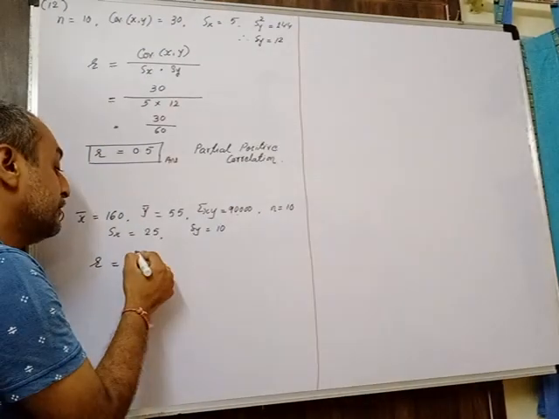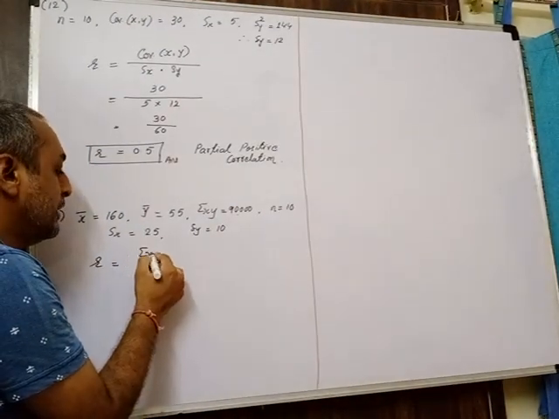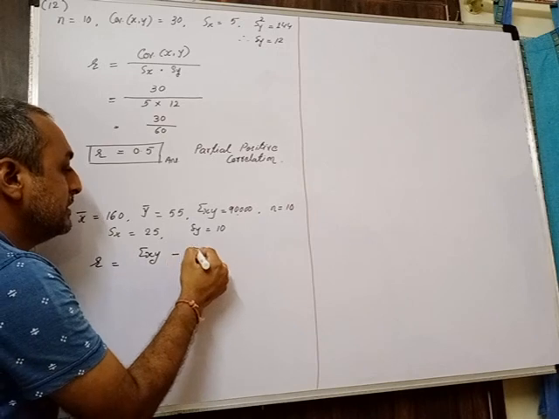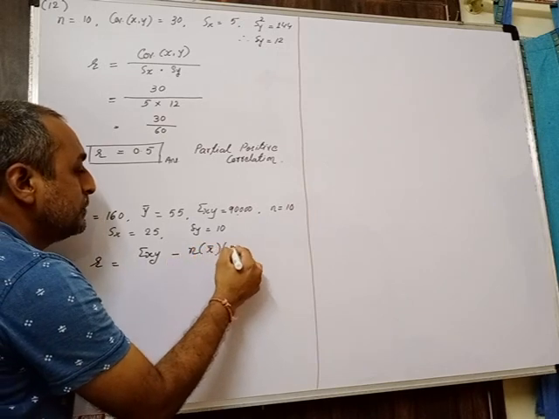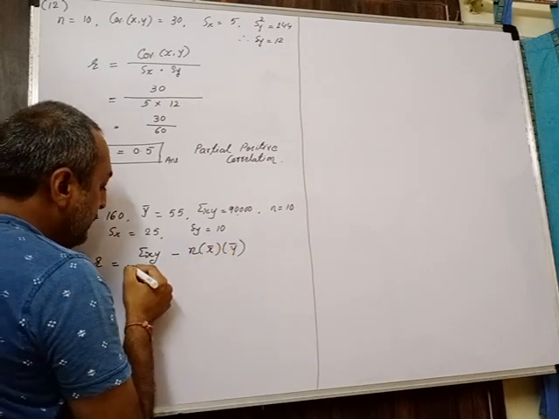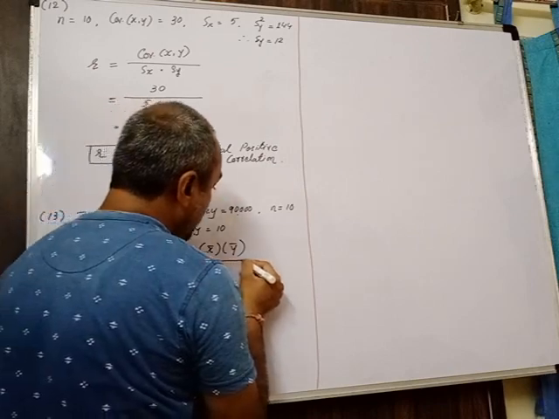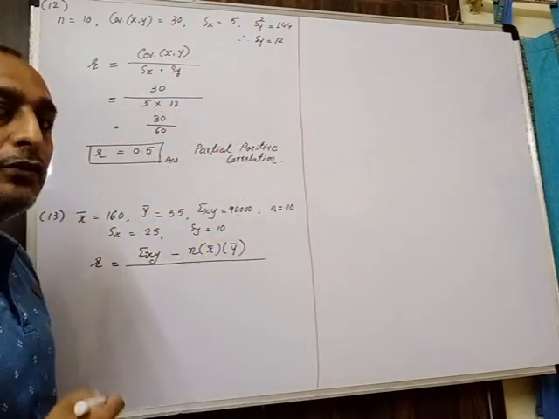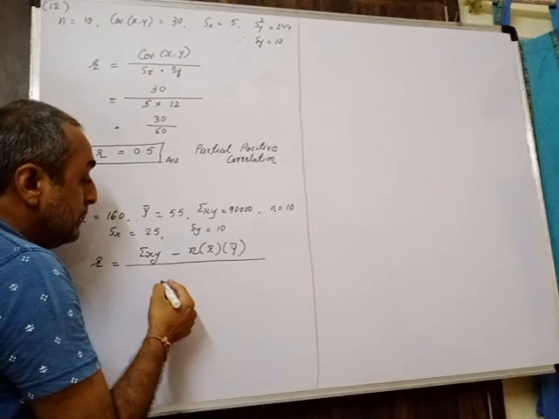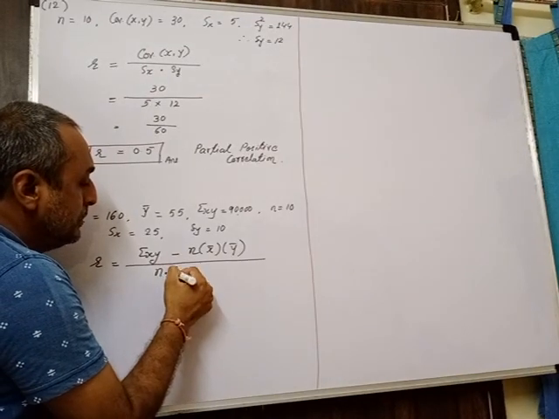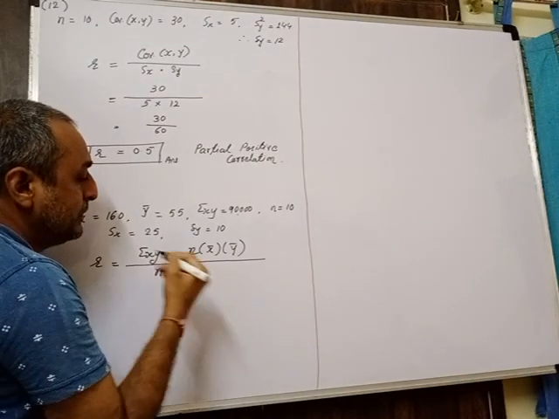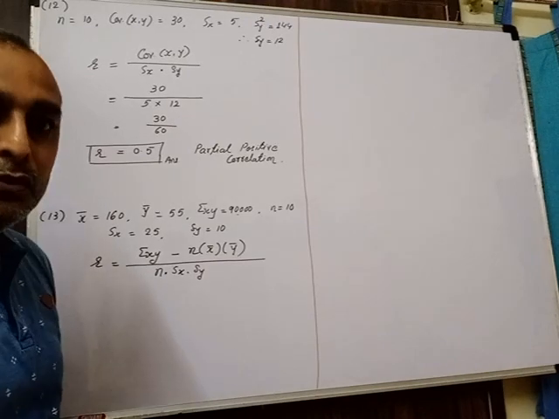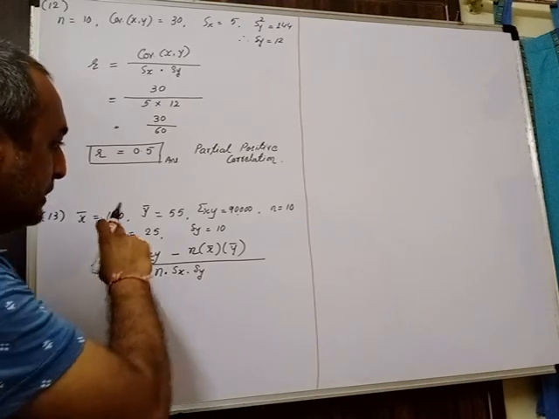So how can we write the formula? Sum of xy minus n into x bar into y bar. This is the formula we have already discussed in the beginning of this method. Okay, so that is what we have to apply over here, divided by n into sx into sy. This is your formula to find out correlation using the given data.